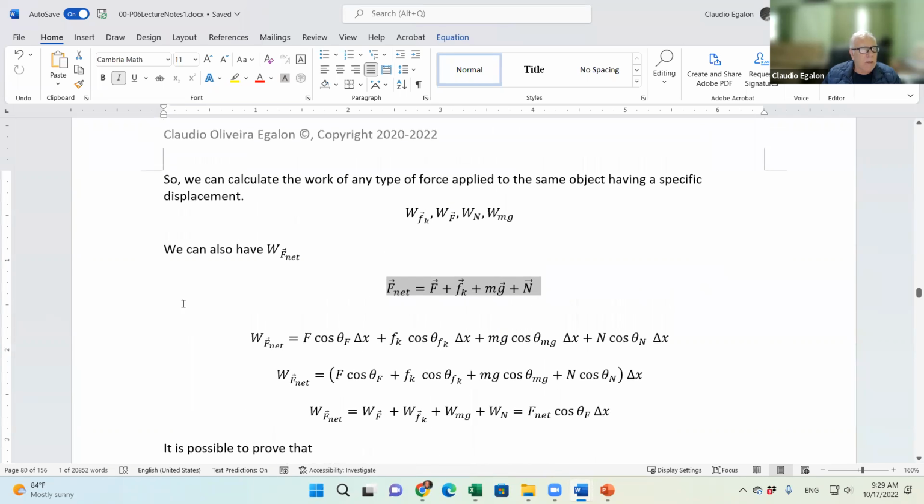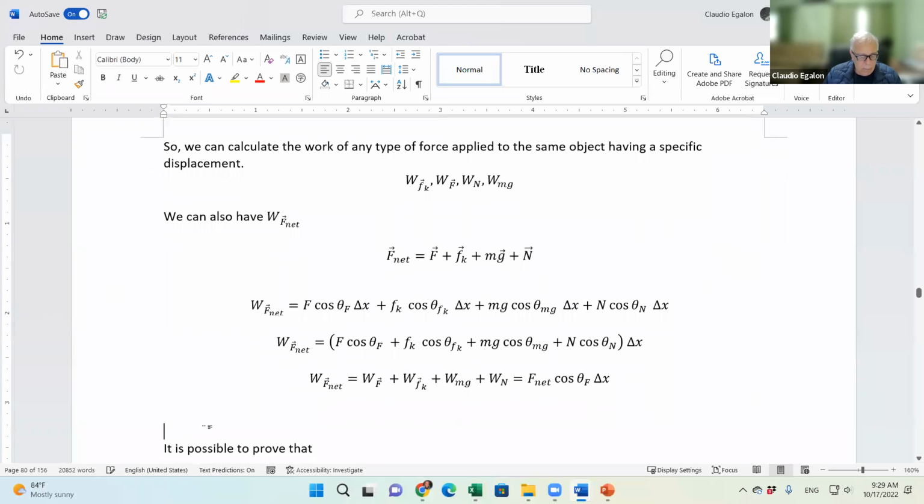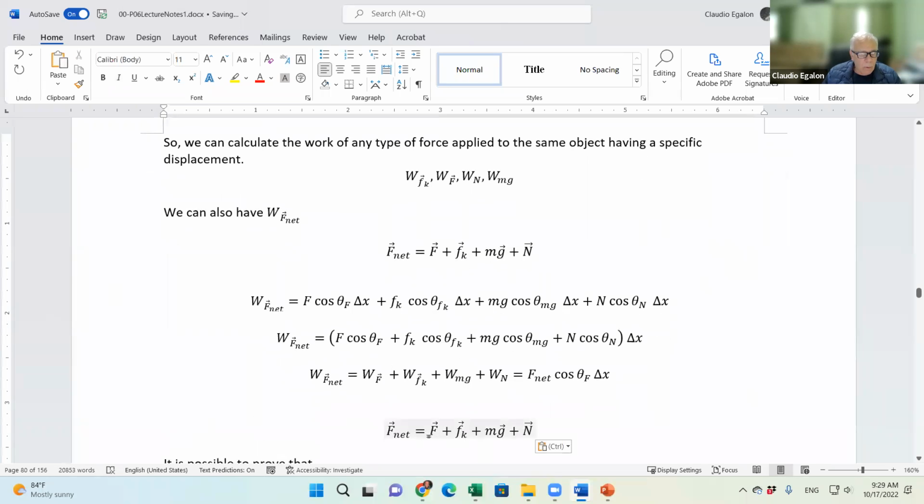Here you go. Just remember that net force is equal to mass times acceleration.